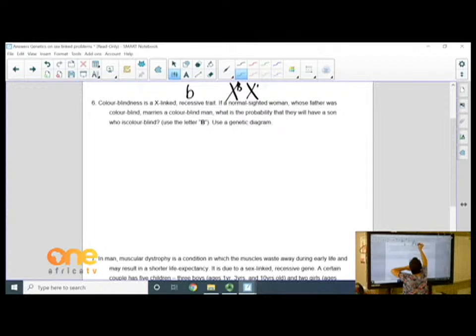Because this X of this normal woman came from her father. So this woman is definitely a carrier, unfortunately, for her children. She's definitely a carrier, right? Because her father was colorblind. One X she got from her mother, but the other X came from the father.